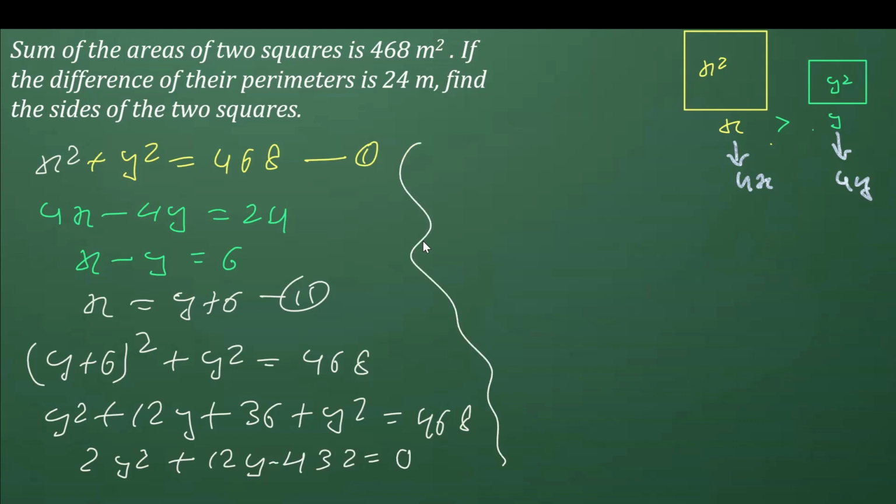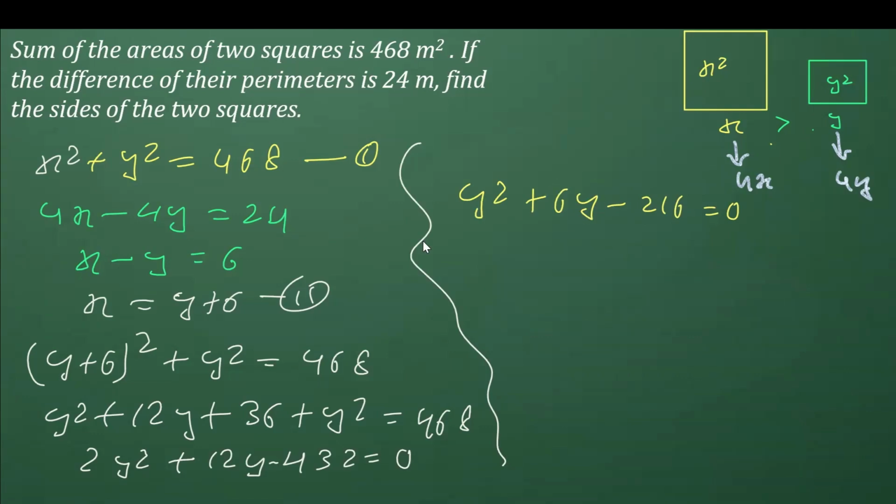Now for further simplification, I can see we can take out 2 common from here. So this will give you y square plus 6y minus 216 equals 0. Now from the factors of 216, we have to split the middle term.